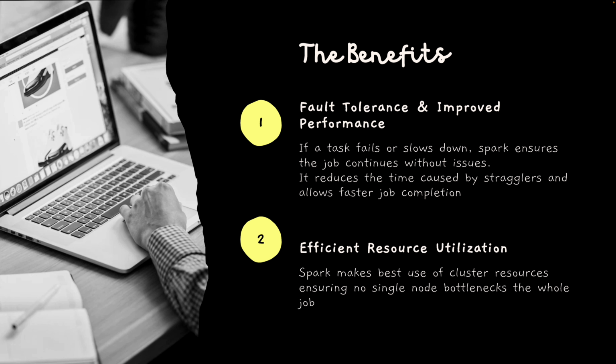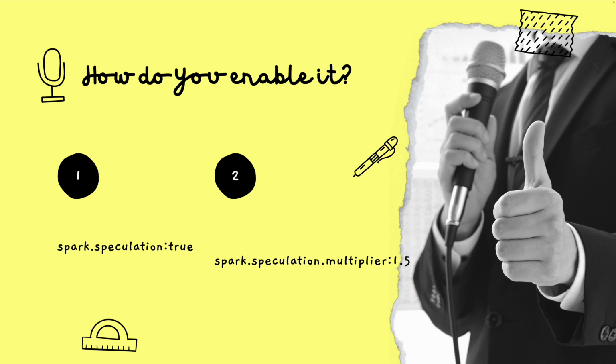Now there can be multiple reasons for a job being slow, so let's also understand when we should use it and when not. So how do you enable it? There are two properties: spark.speculation and spark.speculation.multiplier. The first one is what you set when you want Spark to automatically detect a slow task and run a duplicate task on another node.